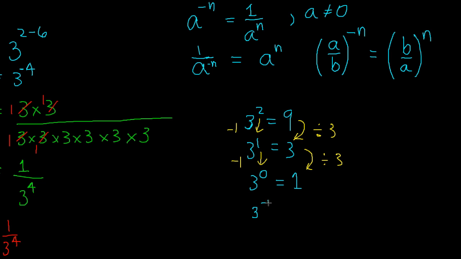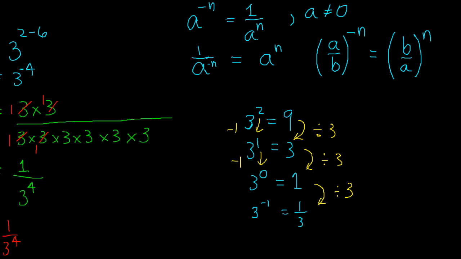Well, if I were to drop it one more time, so if I said 3 to the exponent negative 1, I would divide this answer here by 3. So that gets divided by 3 one more time. Well, 1 divided by 3 is just 1 over 3. So that'd be 1 over 3 to the positive 1. In fact, we could go one more.